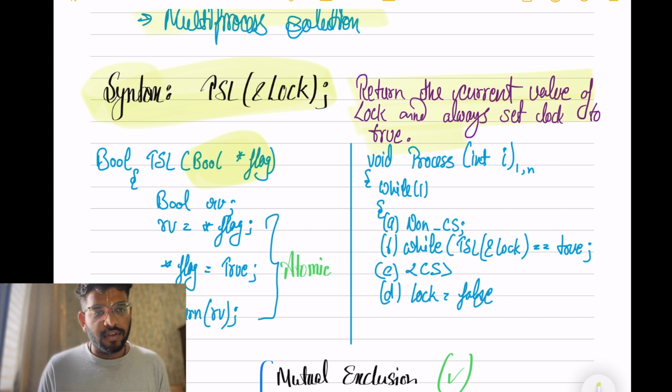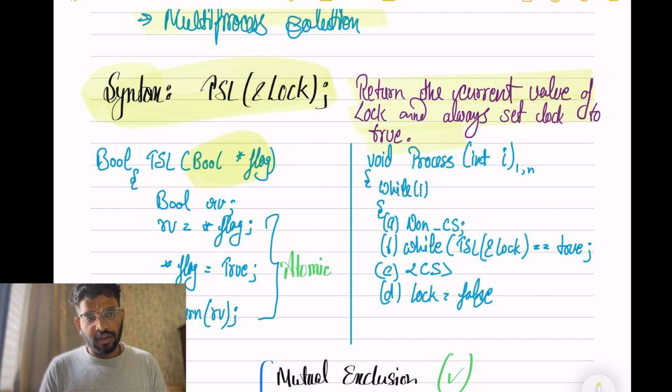First, the value of lock is false, which is the base condition. If process P1 wants to use TSL, it will provide the parameter, like a true variable or the value of lock.